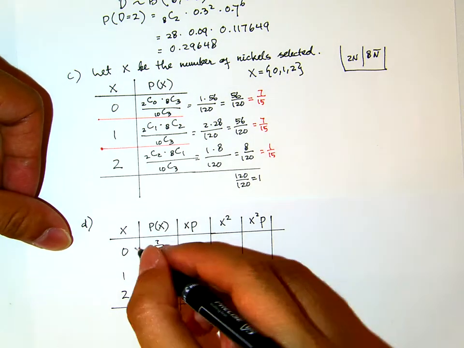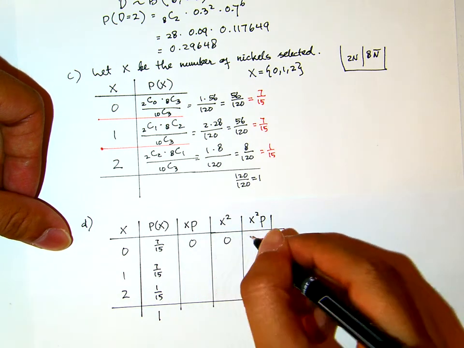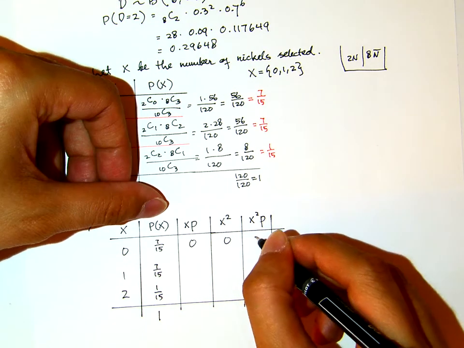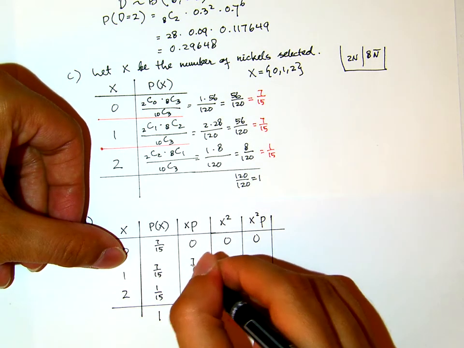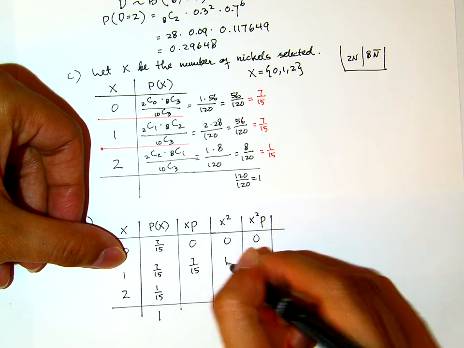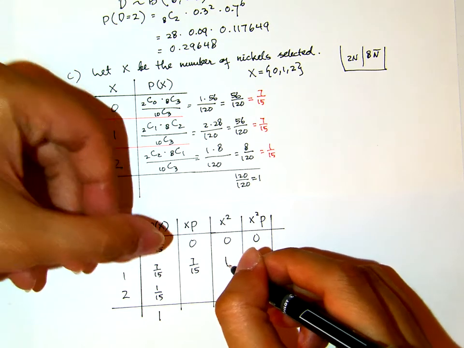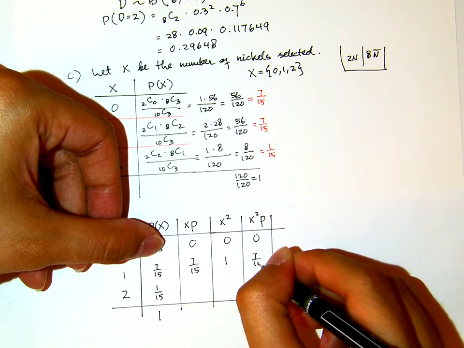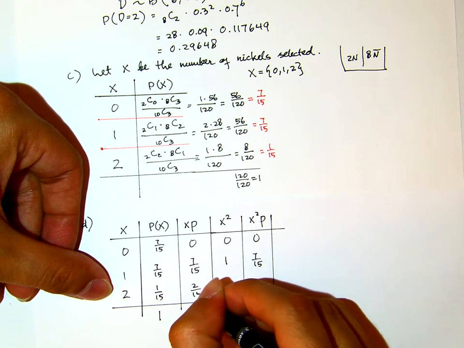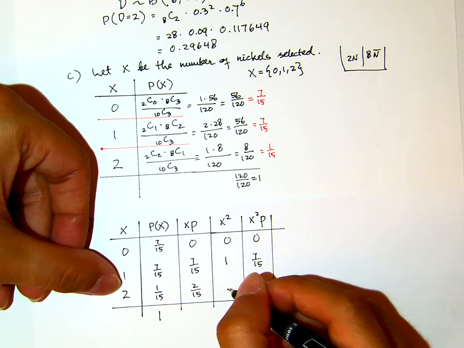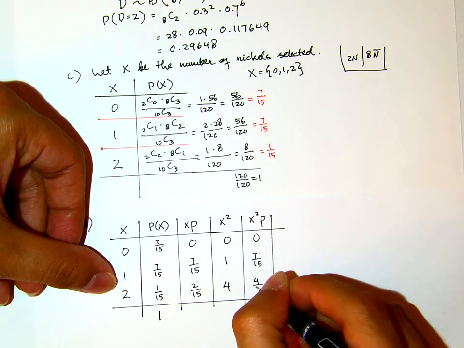Now when I multiply this, x times p is 0, x squared is 0, so x squared times p is also 0. Now this one here, x times p is 7 over 15, x squared is 1, multiplied by the probability, x squared times p is still 7 over 15. Here, if I multiply, I get 2 over 15. x squared is 4, multiplied by the corresponding probability is 4 over 15.